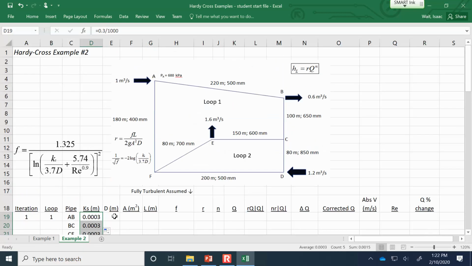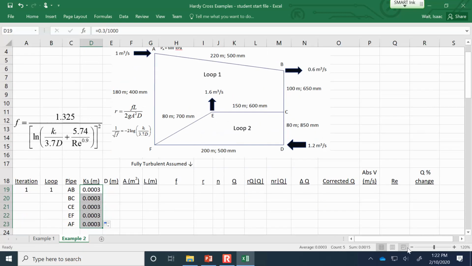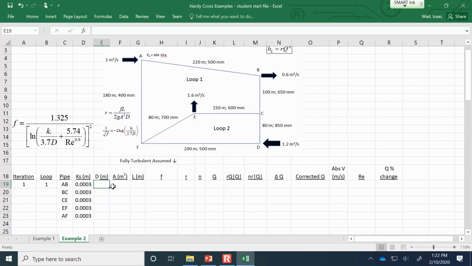And then we just enter some of the data here on these pipes. For instance, the diameter of pipe AB is 0.5. BC, the diameter is 0.65. CE is 0.6. EF is 0.7. And AF is 0.4.